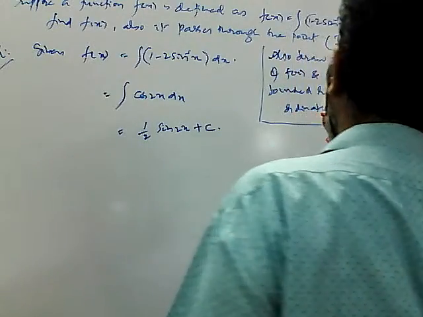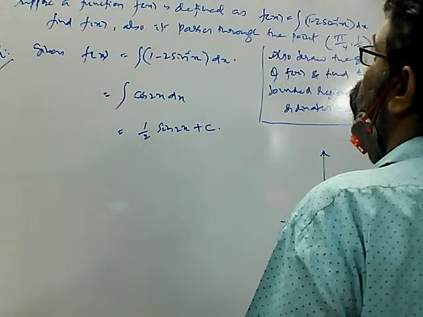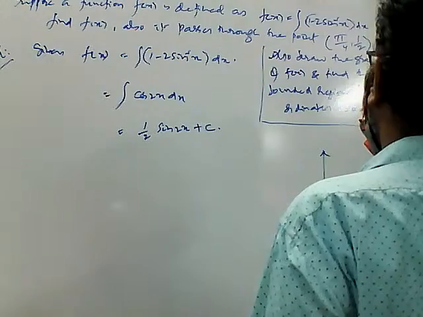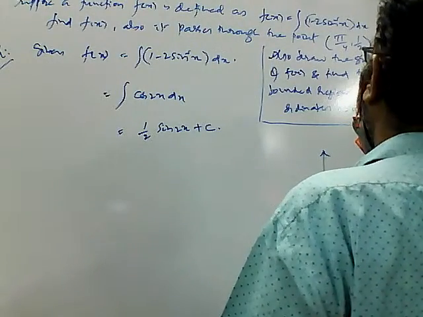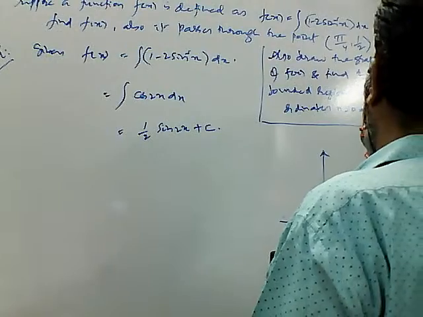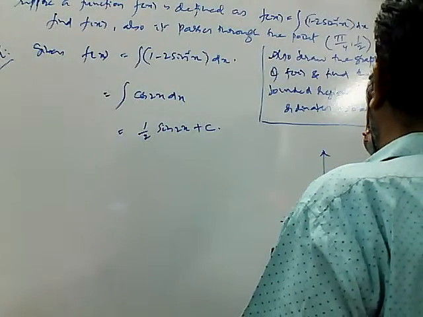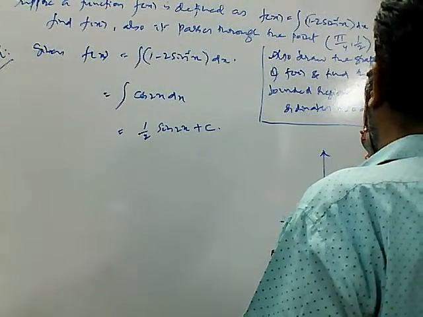Now what is asked, between 0 to pi by 4? The point pi by 4 comma 1 by 2, right? Now what is the area? This is the area, OBCO.